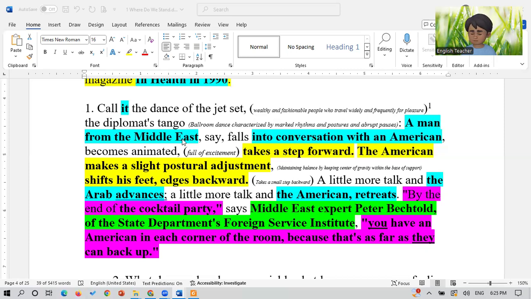Often it is easier to understand what the writer is saying in the paragraph, but it is not always easy to understand what a writer is doing in the paragraph.